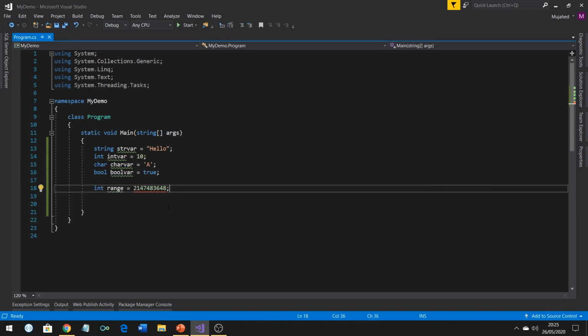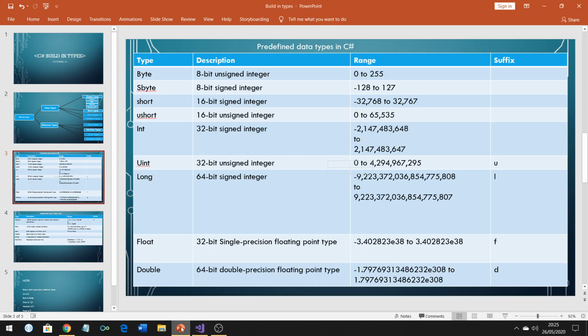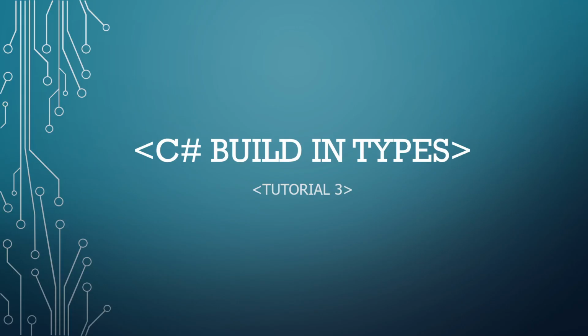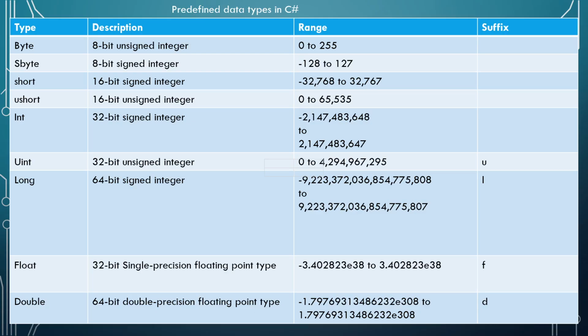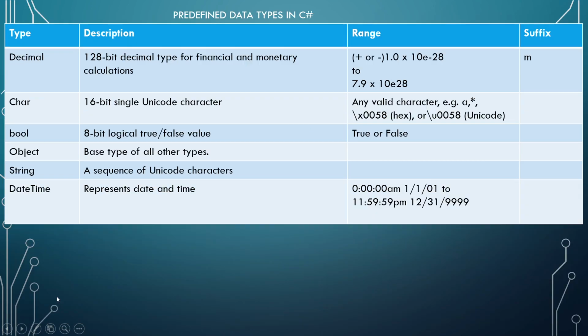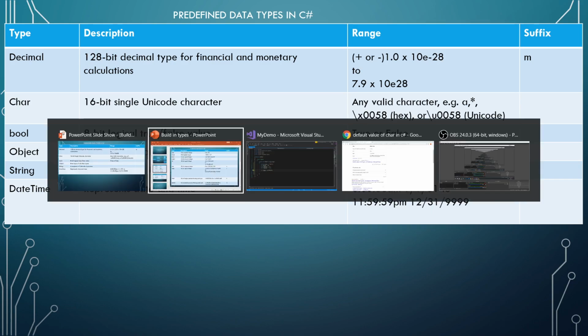And now if we look at the data types in C#, we also have suffixes. I will show you how to use suffixes in uint, long, float, double, and decimal with an example.